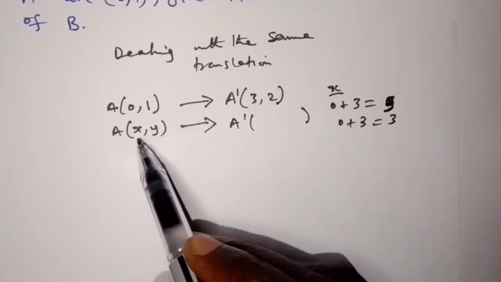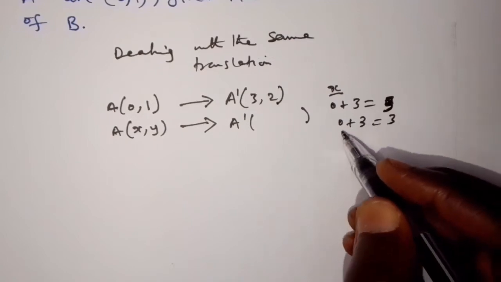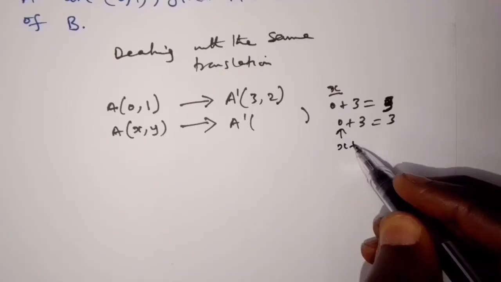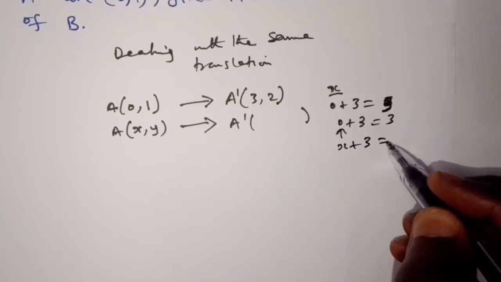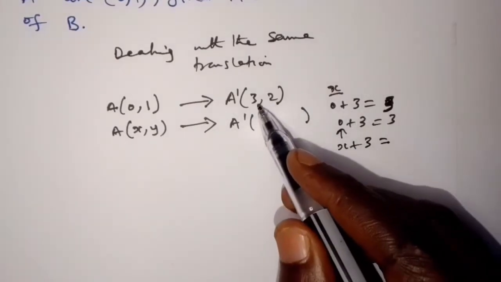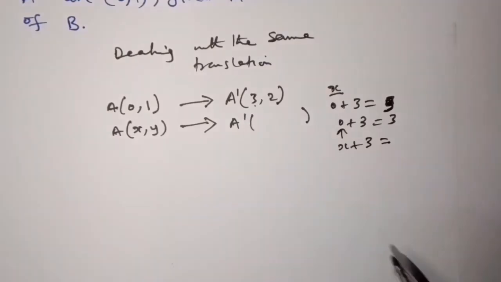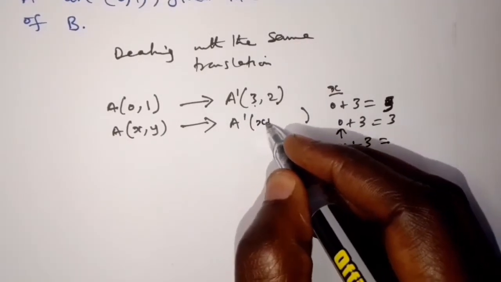Now when we have x representing 0 here, x plus 3 is supposed to give us the point here. So we can say that A prime's x-coordinate is x plus 3.